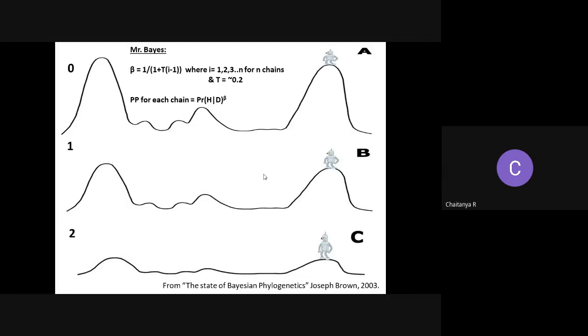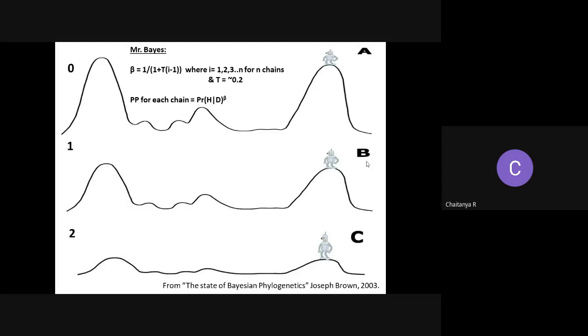C is correct. C is more likely to traverse the probability space better because it can take small downhill steps, as there are no large uphill steps, right? As opposed to A, which might have to take large uphill steps. And that is why the algorithm differentiates between a small downhill step versus a large downhill step.